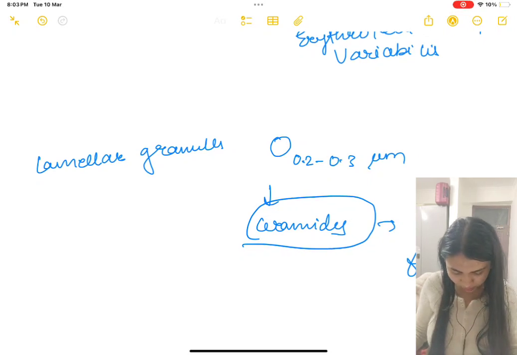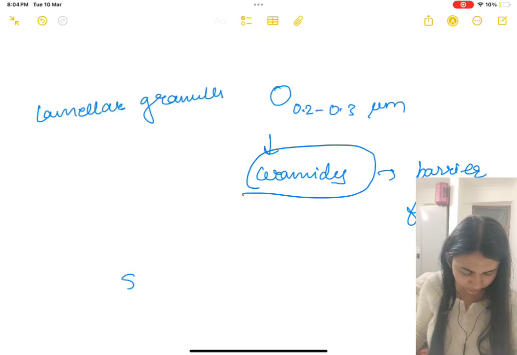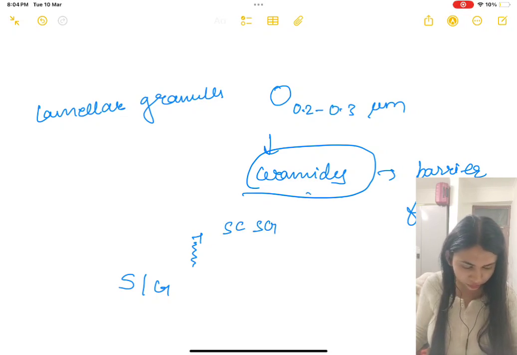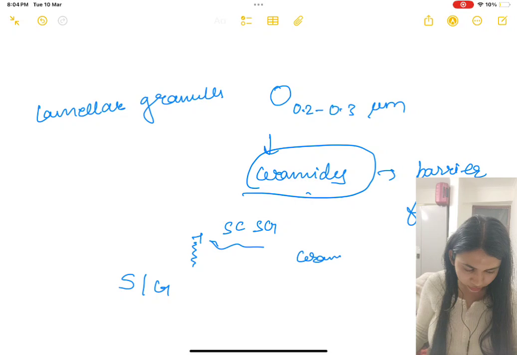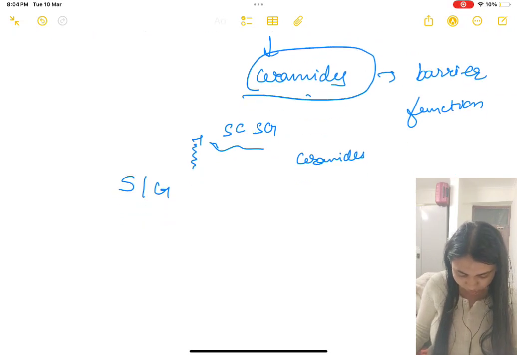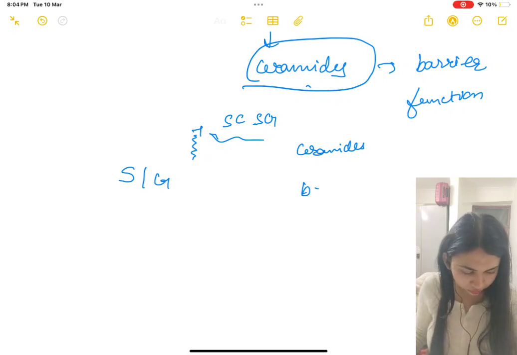Lamellar granules are seen in the upper stratum spinosum and stratum granulosum, then they migrate upwards between the stratum corneum and stratum granulosum and discharge their content there. So ceramides are discharged between the stratum corneum and stratum granulosum, establishing a barrier to water loss.